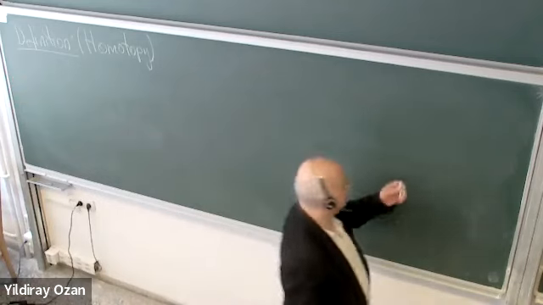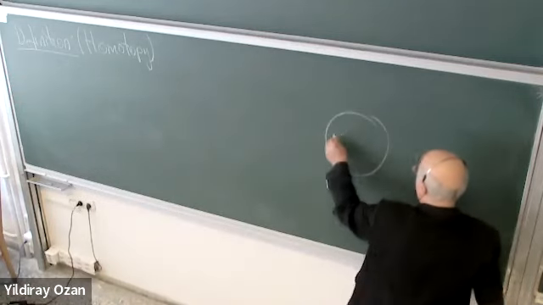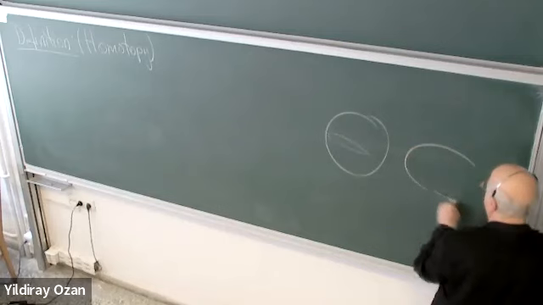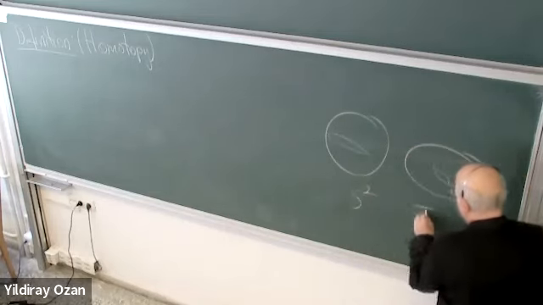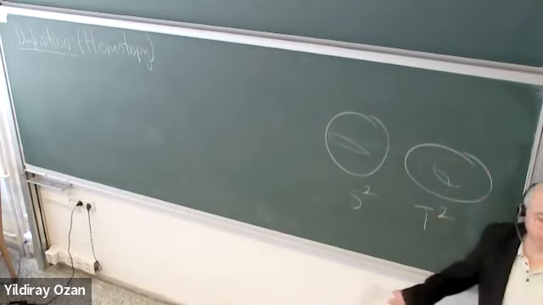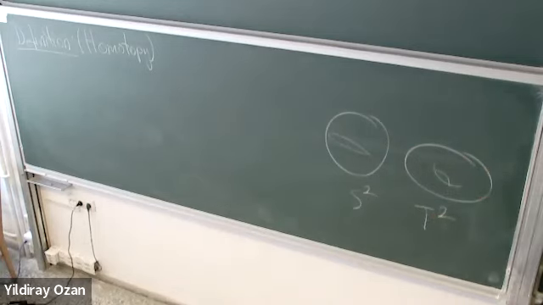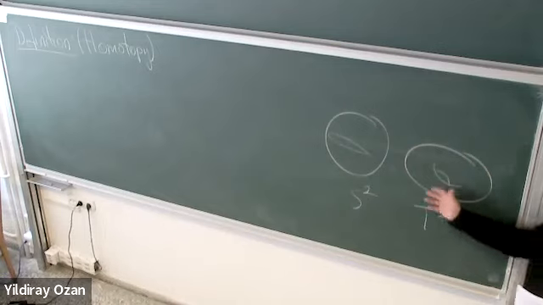For example, how can you show that the sphere and the torus are not homeomorphic? Things from analysis courses are not enough to distinguish them.